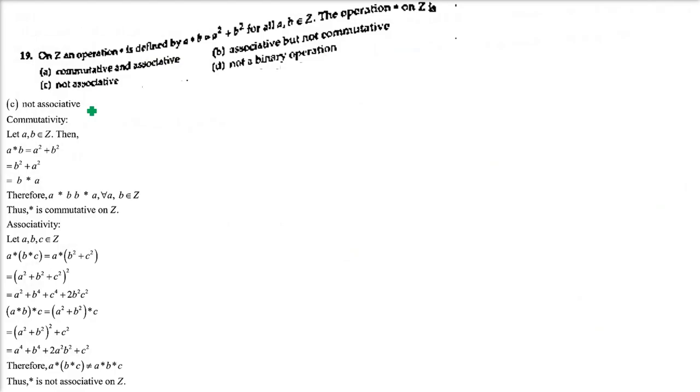Next, on Z, operation star is defined as a star b equals a square plus b square for all a and b belonging to Z. The operation star on Z is... we'll check all of these.